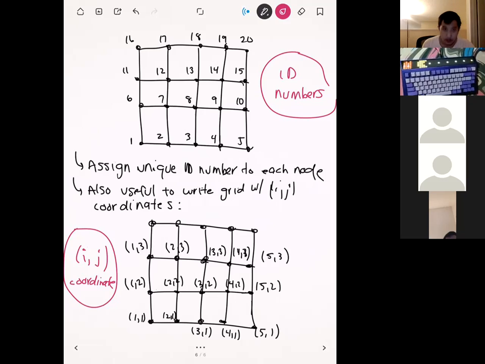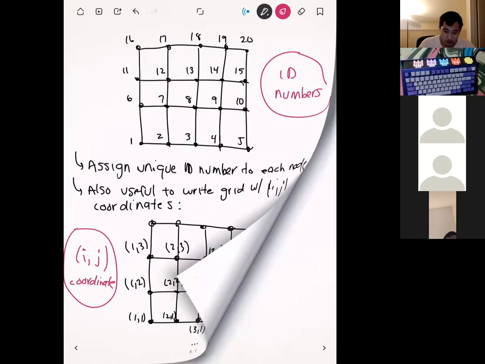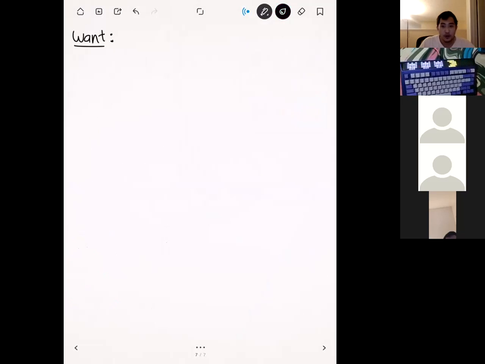Okay. And so what we want is we want a formula that's going to relate the ij coordinates of a node with its ID number.